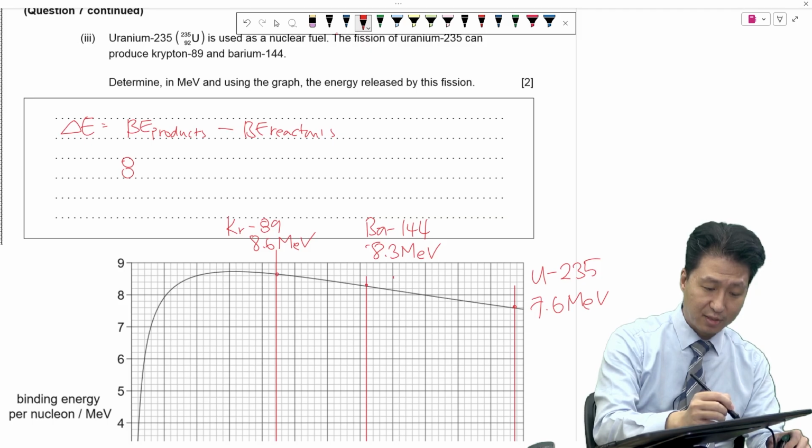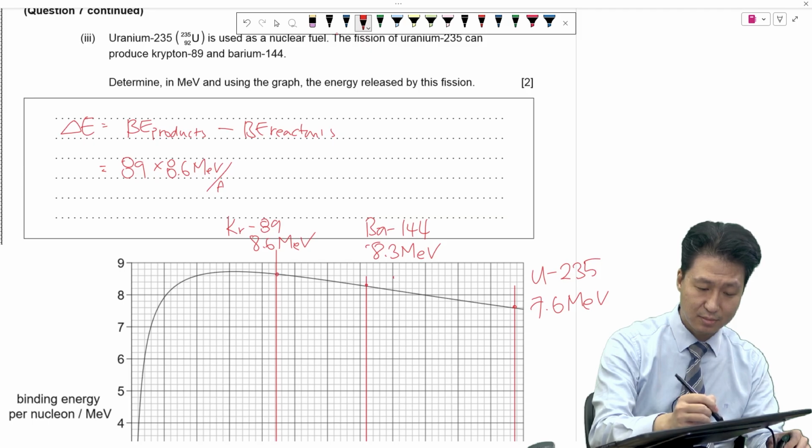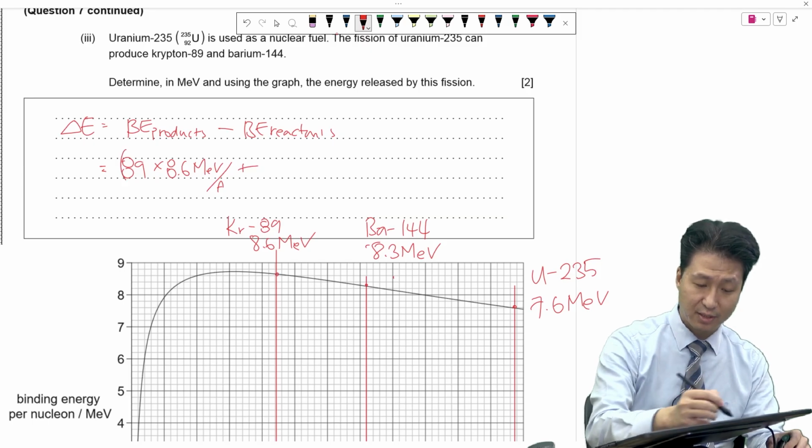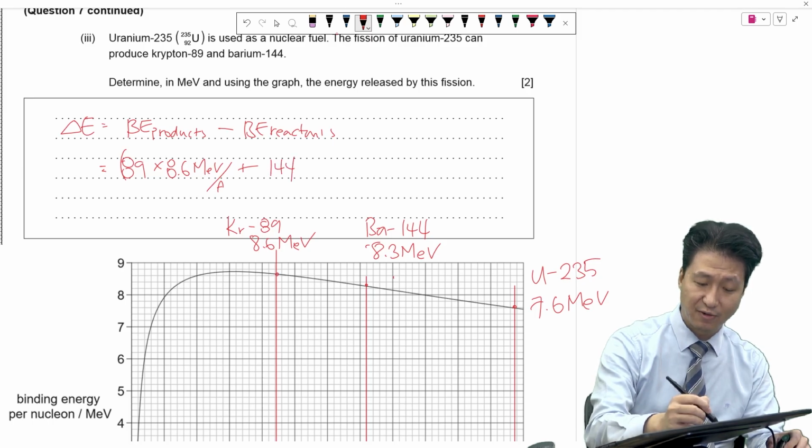So we have 89 nucleons of krypton times 8.6 megaelectron volts per nucleon, plus whatever the binding energy for barium is, 144 nucleons multiplied by 8.3 megaelectron volts per nucleon.